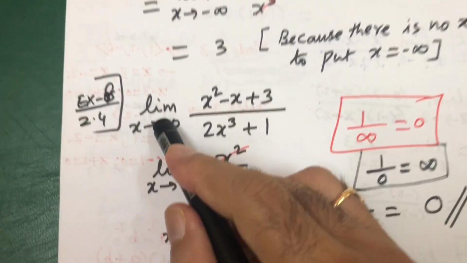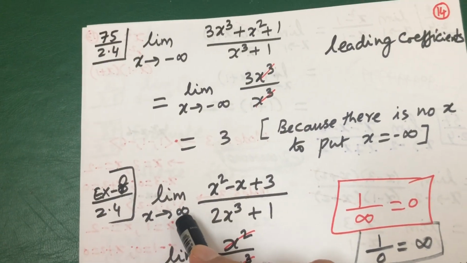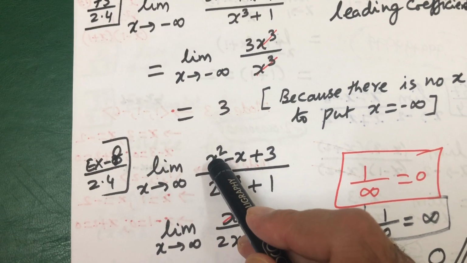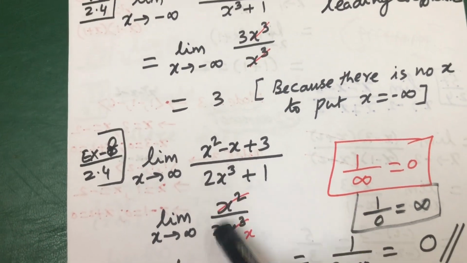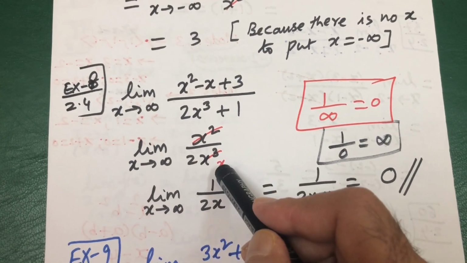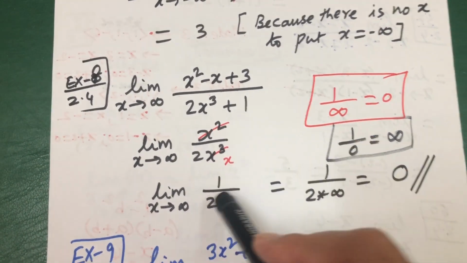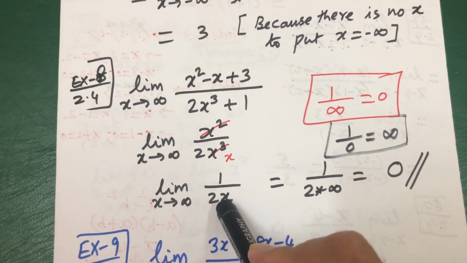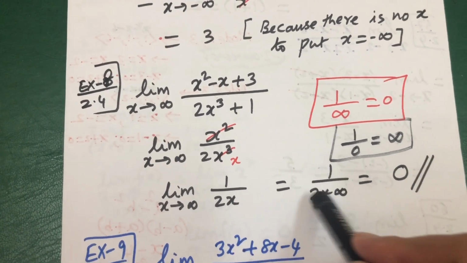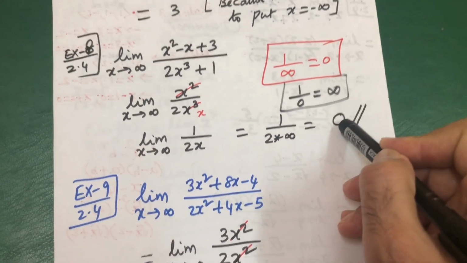Here x tends to infinity. What was the rule? Whenever you have the infinity here, you have to take the leading coefficients. What is the leader here? x squared. What is the leader here? 2x cubed. So limit x tends to infinity, x squared cancels, leaving 1 over 2x. When you put x equal to infinity, 1 over 2 times infinity, this is 0.